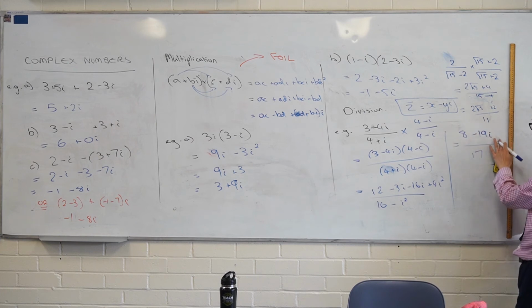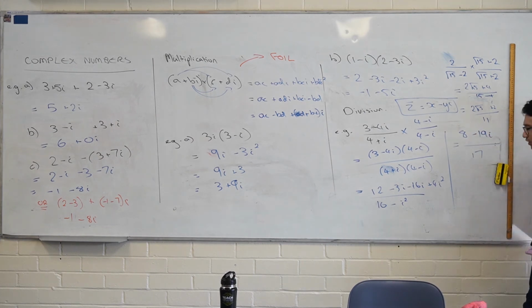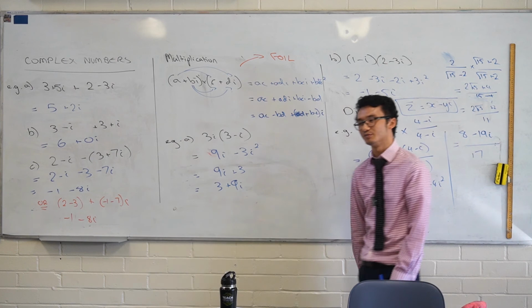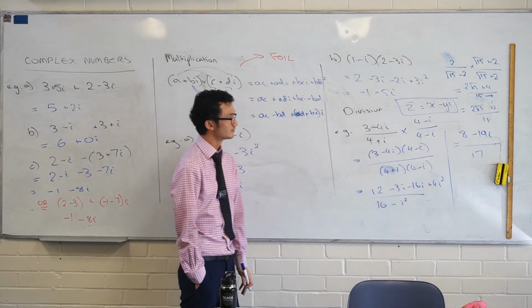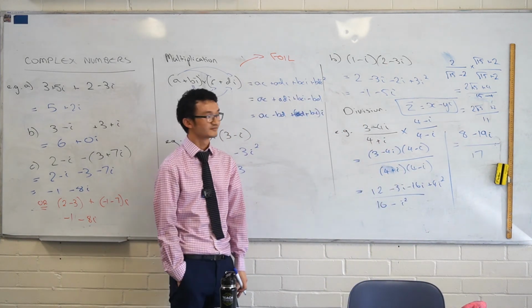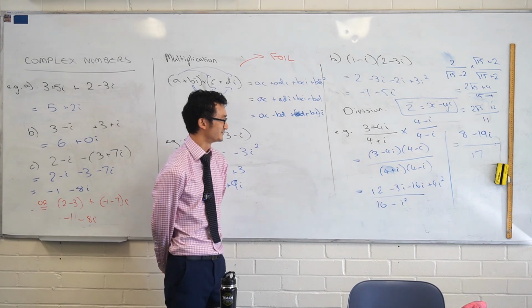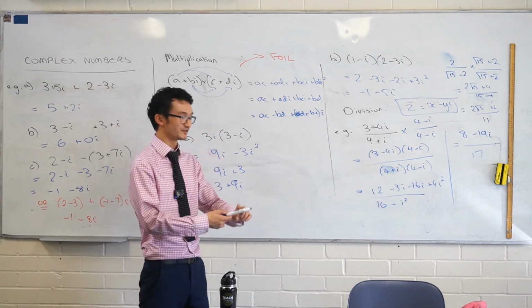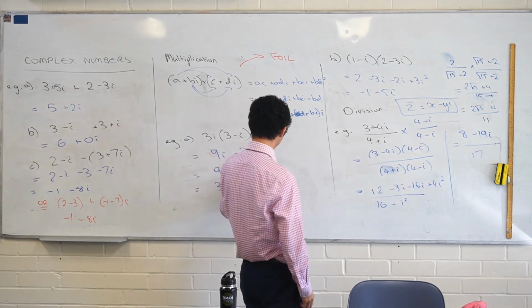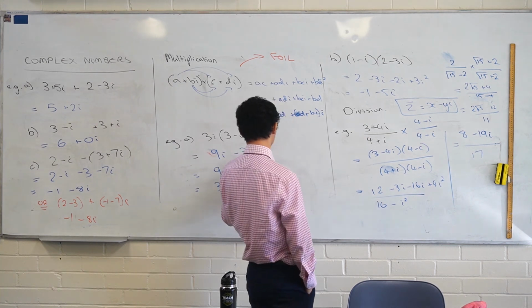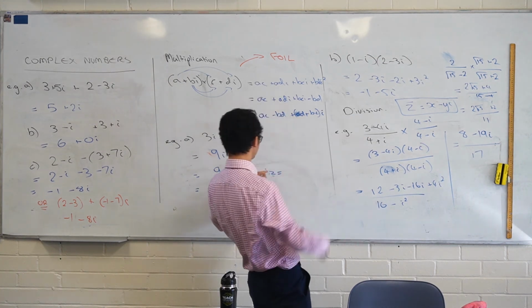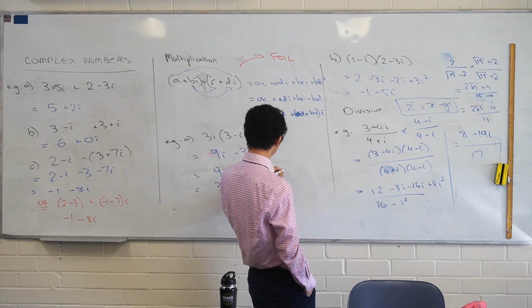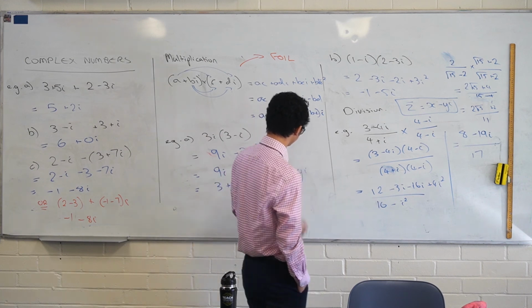Okay, so then what do we do? Well, here's the thing. How did I define what a complex number was? Our definition was z is equal to x plus yi, yeah?